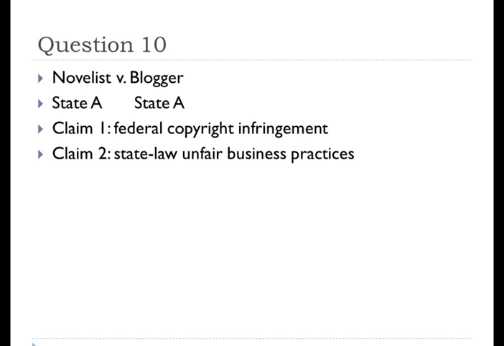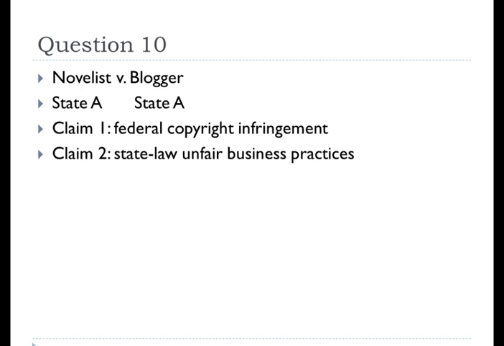Claim number 2 is a state law claim for unfair business practices. It arises out of the same transaction or occurrence, namely the plagiarism, as claim number 1. So claim number 2 was easily within the supplemental jurisdiction of the district court.